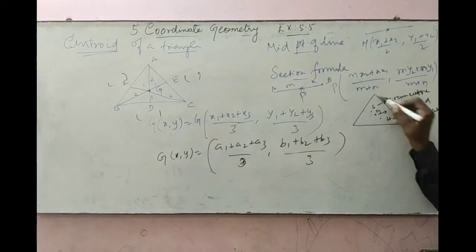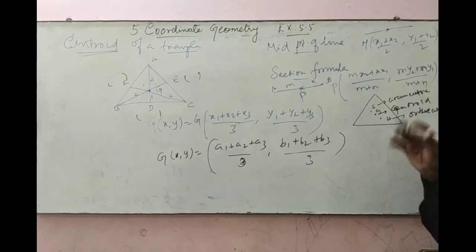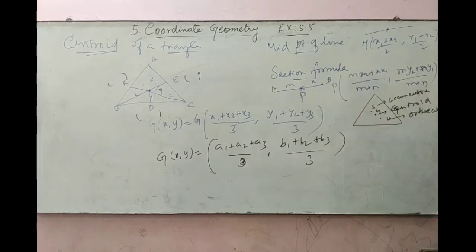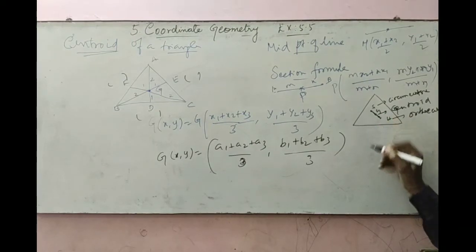These three lie inside the triangle. It depends upon the triangle. If it is an obtuse angle triangle, some of these points are outside.